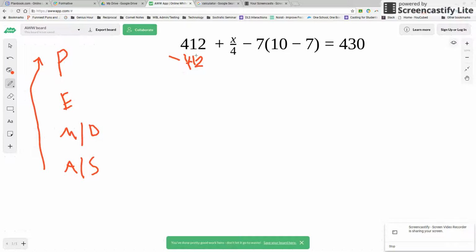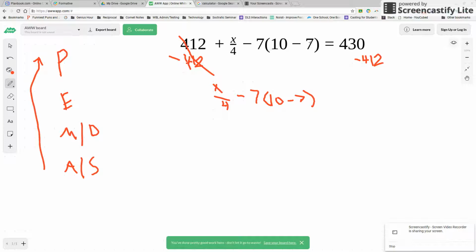That cancels it out. But if I do it on one side, I've got to do it on the other side. So I'm going to take 412 away over there, which leaves me with a new equation of x divided by 4 minus 7 times 10 minus 7.